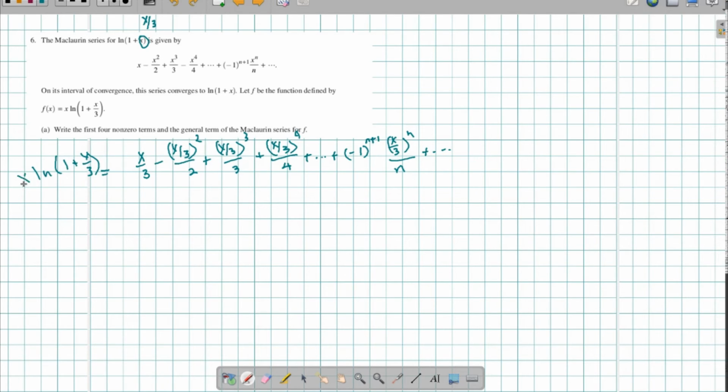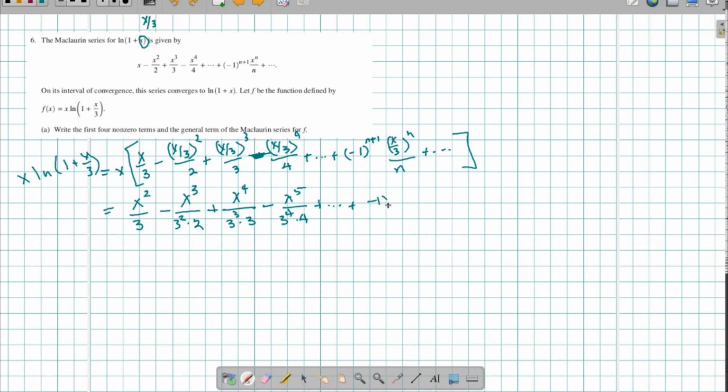I still need to multiply that times x, so I need to multiply this whole thing times x. So that's going to give me x squared over 3 minus, this is going to be x times x times x, so x cubed over 3 squared times 2, plus x to the 4th over 3 cubed times 3, minus x to the 5th over 3 to the 4th times 4 plus dot dot dot.